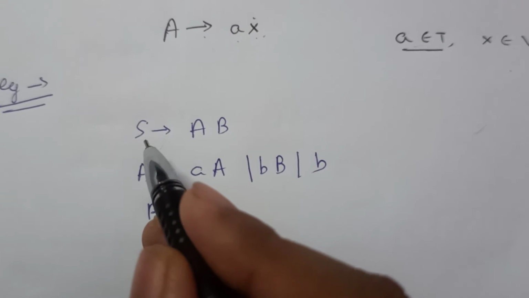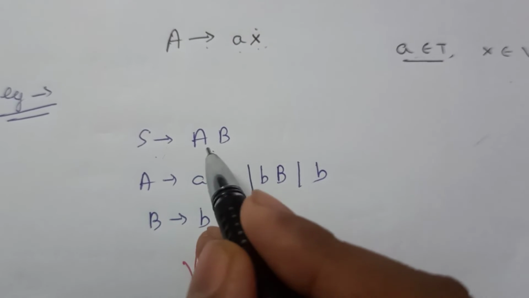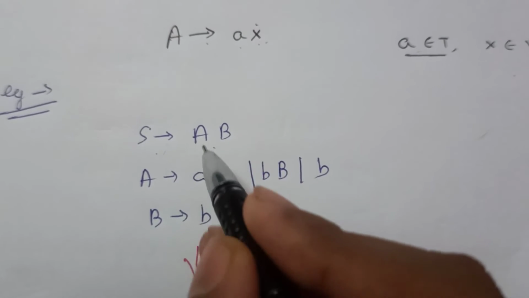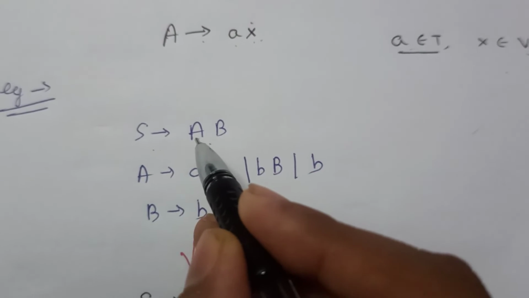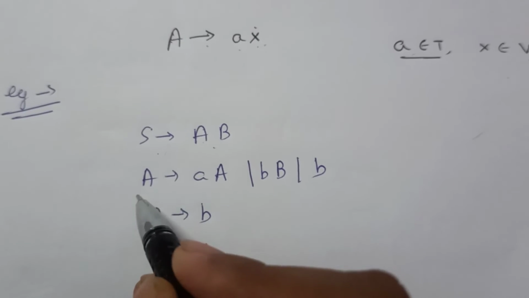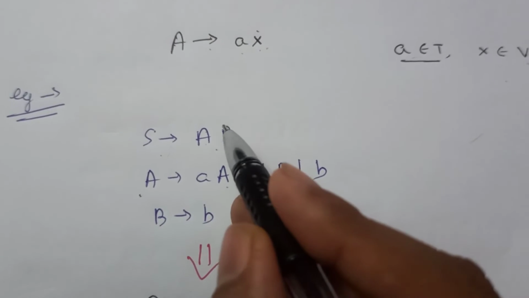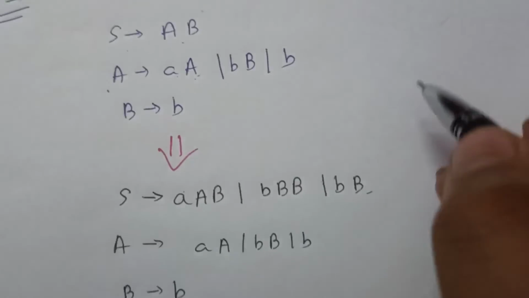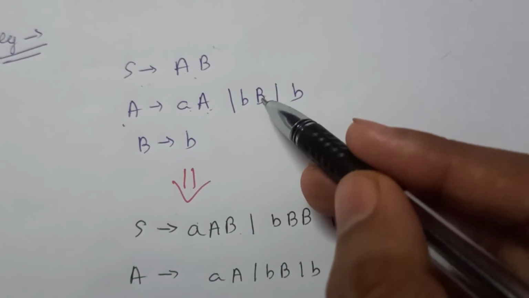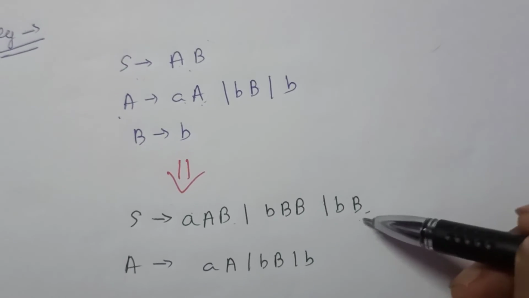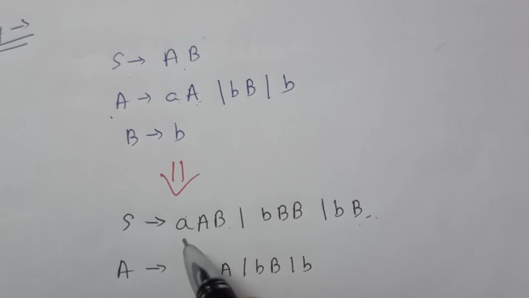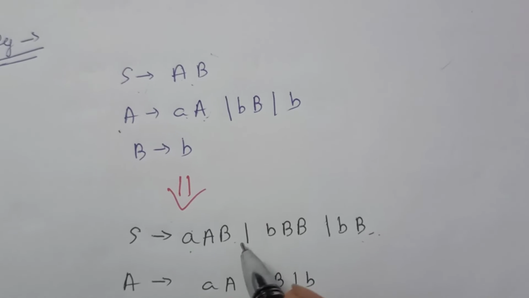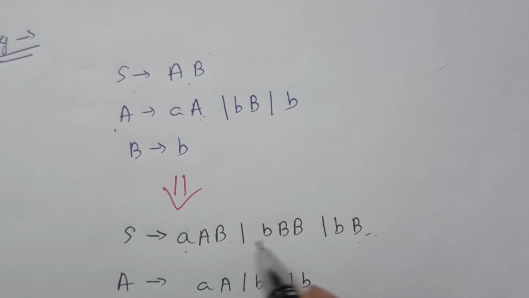So S to AB is not in Greibach normal form, because I need a terminal on the left. So I will replace this A with its values. I will have 3 production rules for S: small a capital A then B, small a capital A B, then small b capital B then B, and also small b then B. Now these three are in Greibach normal form because there is only one terminal at the left and any number of variables on the right.